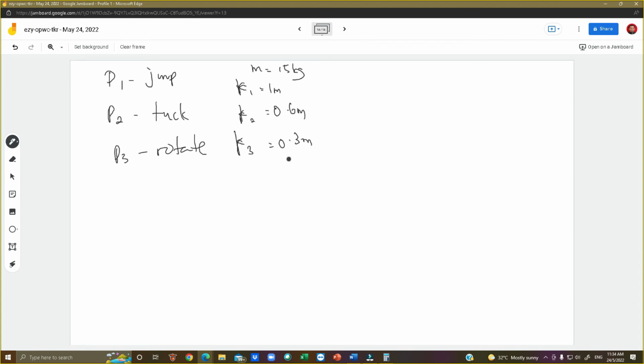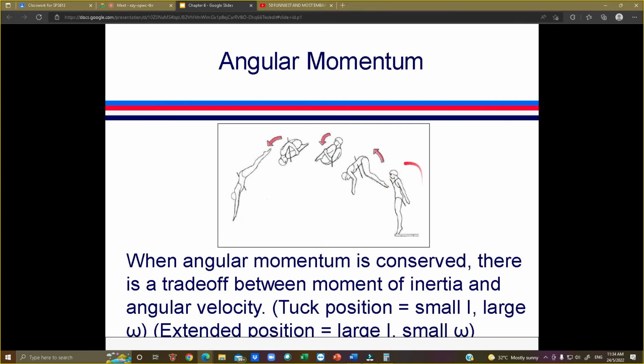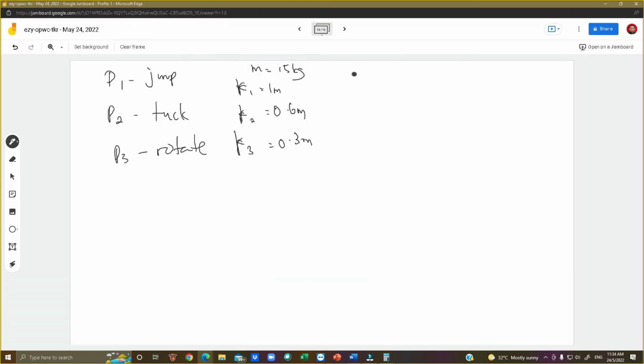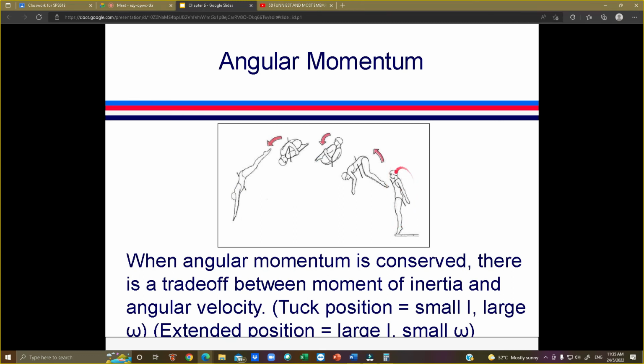Now, let's try to find the momentum here. We know that momentum H equals mk squared omega. We don't have omega yet. Okay, let's take one first. Here, let's say the momentum here is just a small momentum.